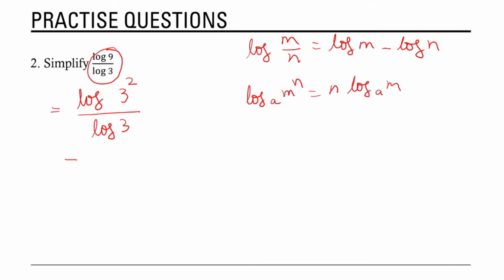So, here log 3 square is 2 log 3 divided by log 3. I can cancel this log 3 and this log 3. So, the answer is 2. This is how I have simplified log 9 divided by log 3.